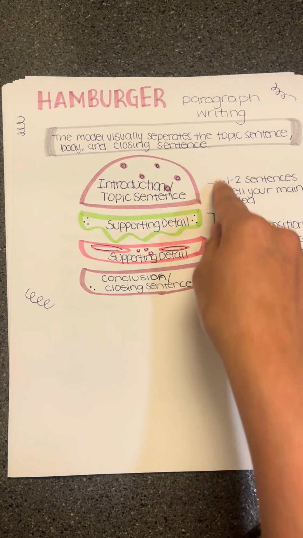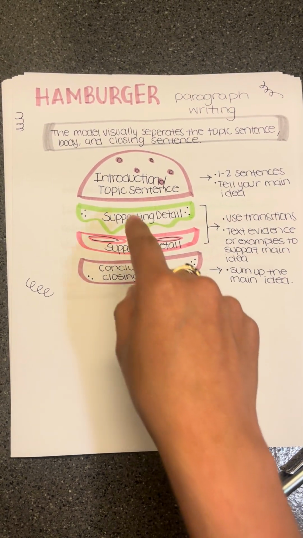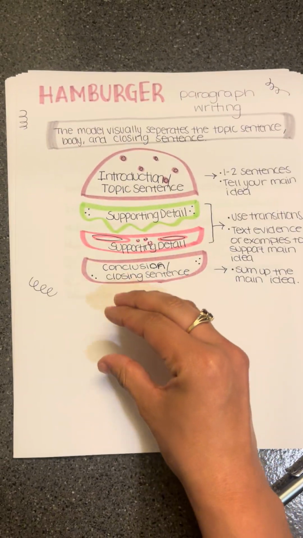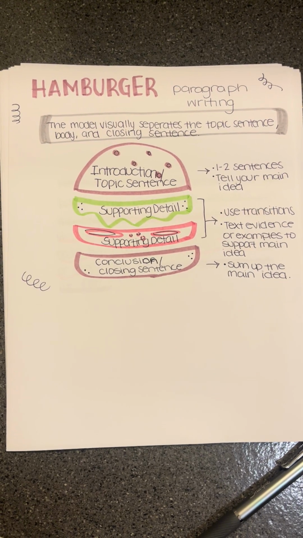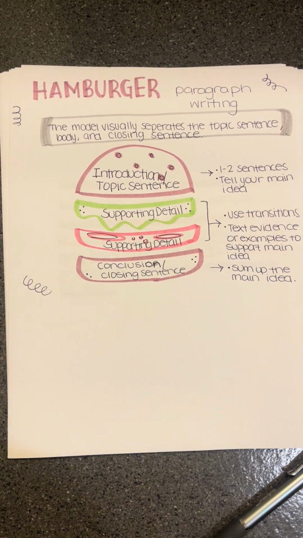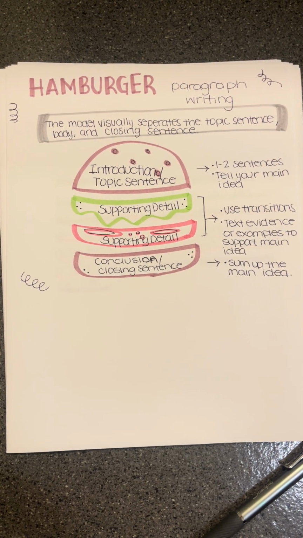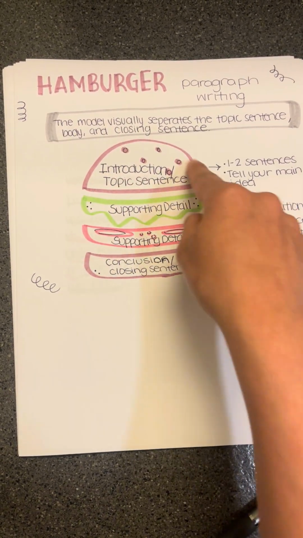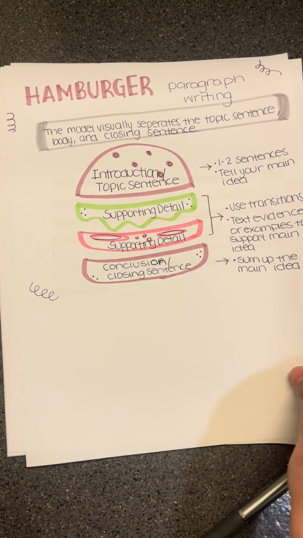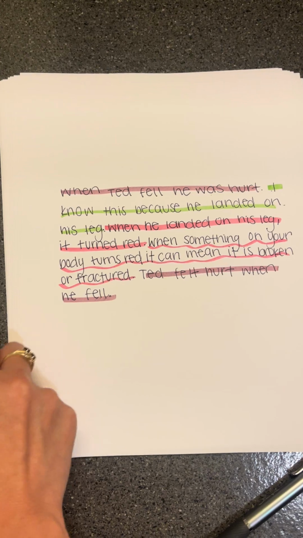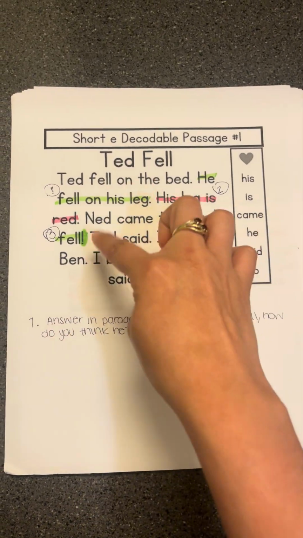Then when we do our essays and bigger writings, we can use this to help us do the small chunks of paragraphs first before we create our entire essay with multiple paragraphs, all following the same structure.